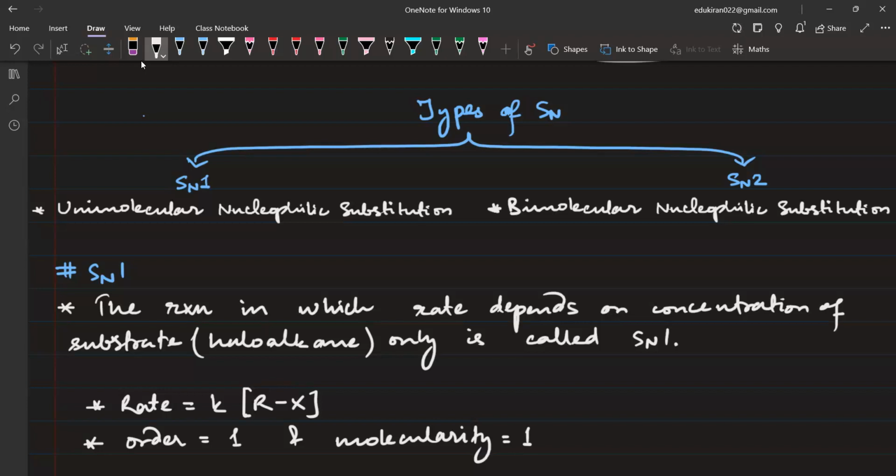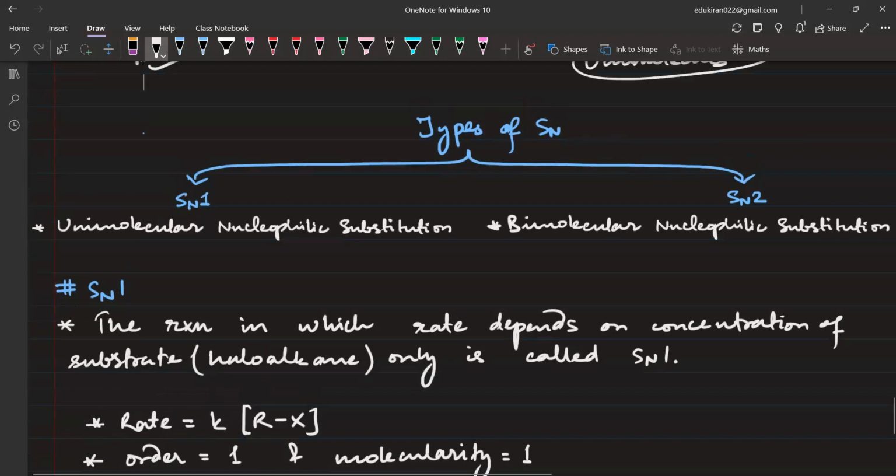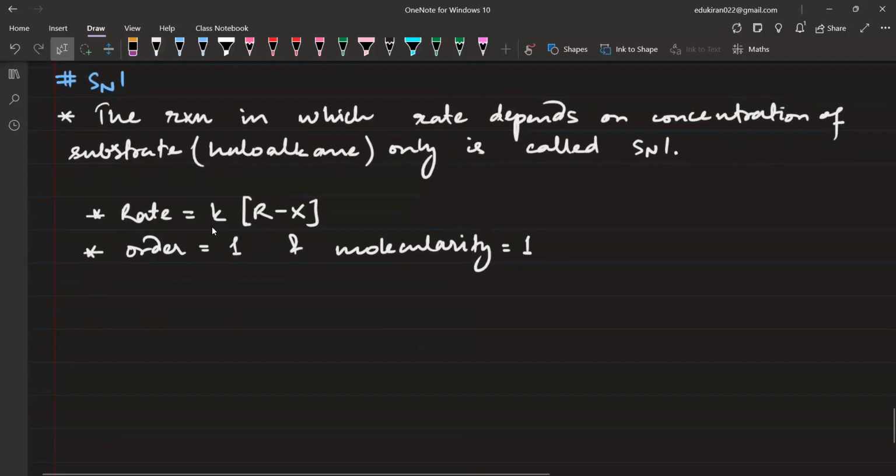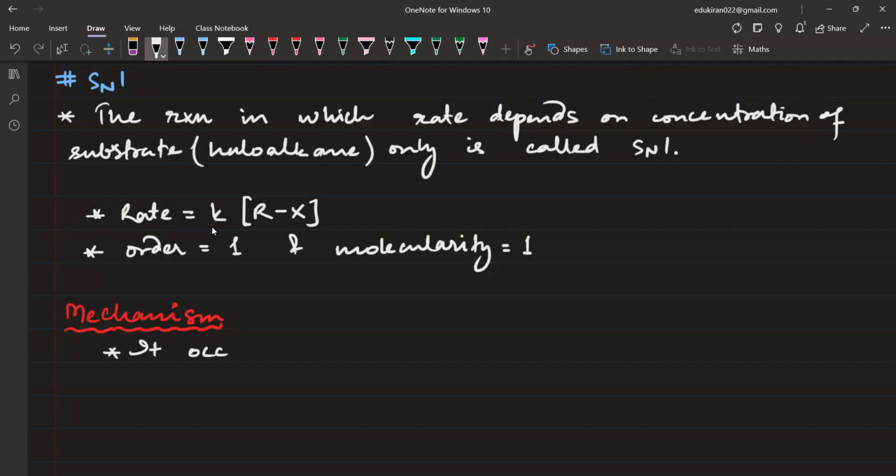ठीक है. After this, we are going to look at the mechanism. ठीक है, mechanism भी काफी important है. Please write the heading. Mechanism. First thing that we should remember, it occurs in two steps.